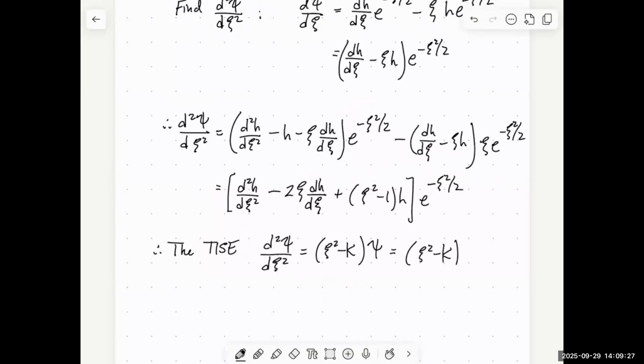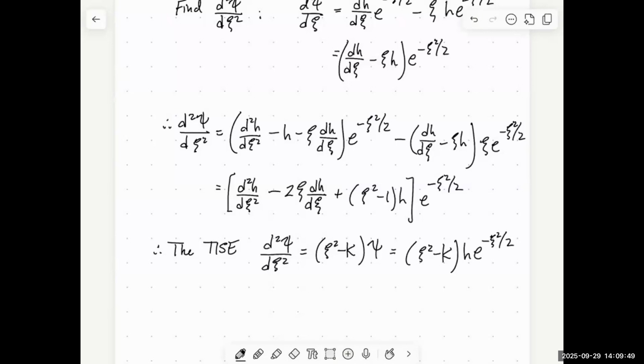But remember, we're writing our stationary state in terms of some h that we're trying to find times what we think the large x solution must look like. All right, so I'm going to take this stuff and put it on the left-hand side.